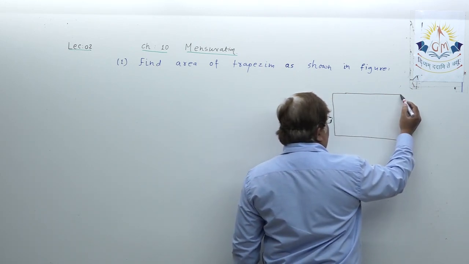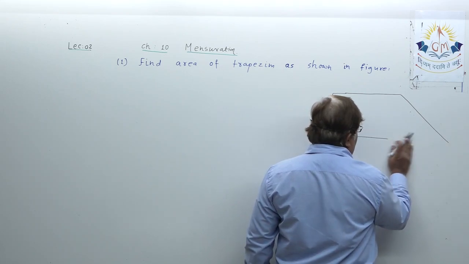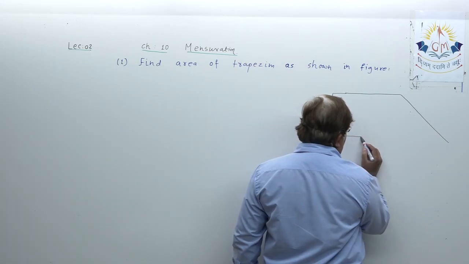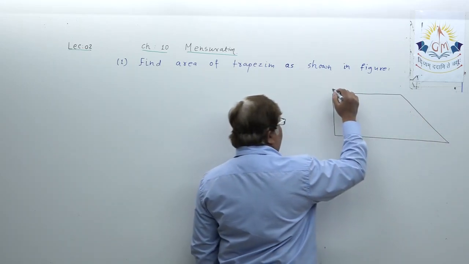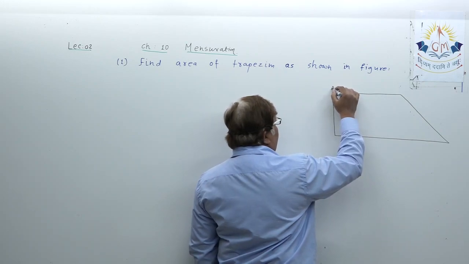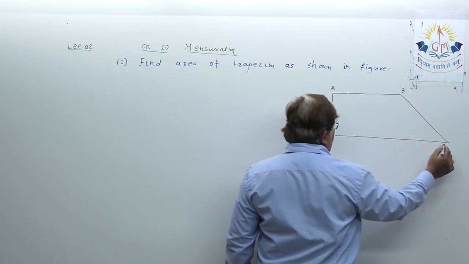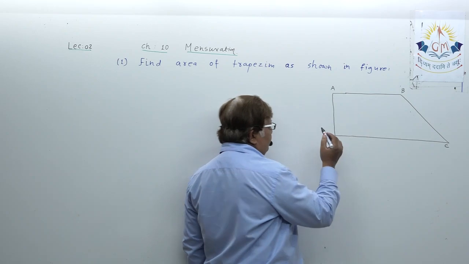It is shown in this way. This is also a trapezium, dear student, just following the concept that one pair of sides has to be parallel and one pair should not be parallel.